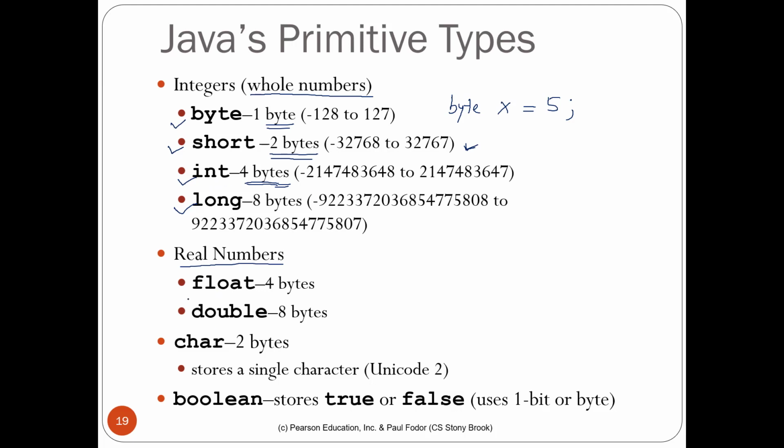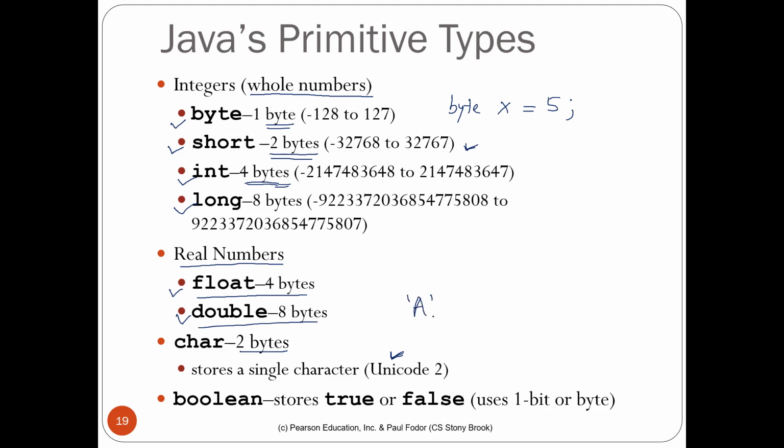Now for real numbers, we have two types: float, which is 4 bytes, and double, which is 8 bytes. For characters, you have 2 bytes. This is a Unicode thing which I'll explain in the chapter on characters. It is an encoding actually. Every character that you have on your keyboard has a code associated with it.